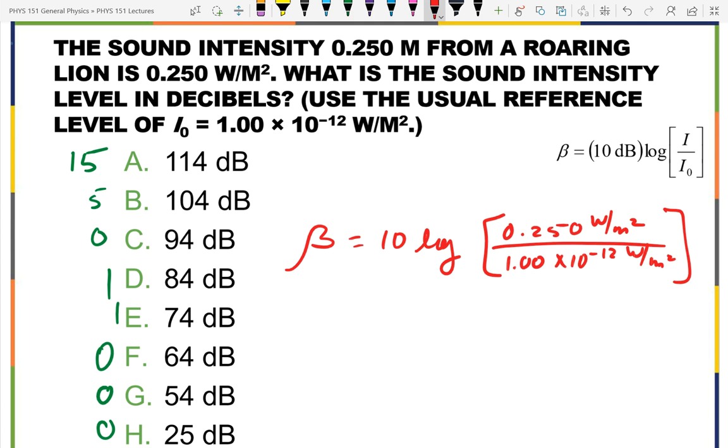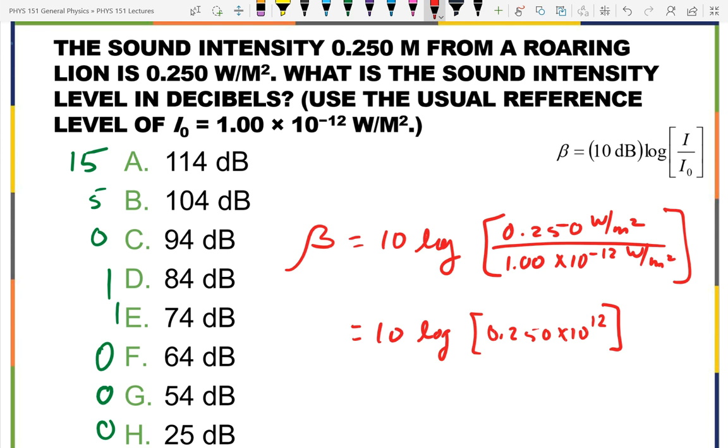The first thing to do, to get the answer without using your calculator, is to do that division. 0.25 divided by 10 to the minus 12. That means I'm going to add 12 to the exponent. And the units cancel. The units have to cancel. So that's doing the division.